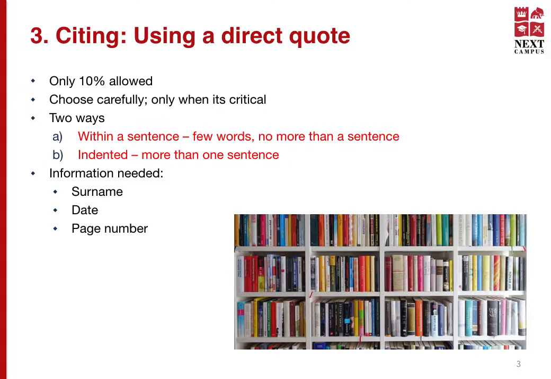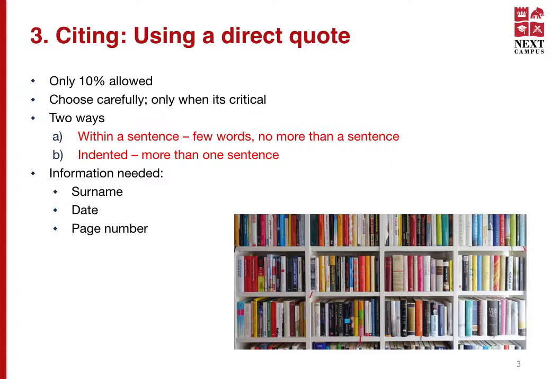Again, using direct quotes, there are two ways. You can use a few words, but no more than a sentence, within your sentence. That means in your sentence, you can use a few words used by the original author.